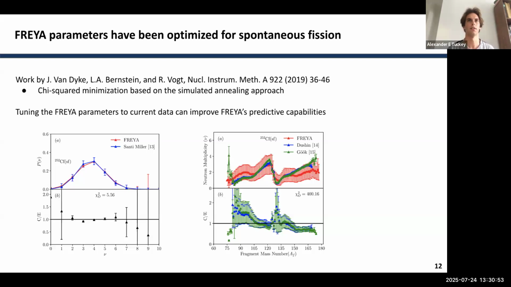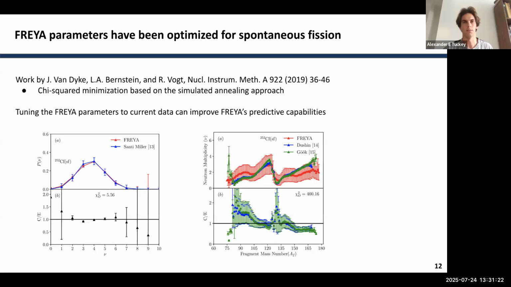And so this was done in a work by Jackson Van Dyke, Lee Bernstein, and Ramona Vogt back in 2019 for the spontaneously fissioning nuclei in Freya. This chi-squared minimization that I have on the slide just refers to the fact that we are choosing the Freya parameter set that best reproduces data we feed into the optimization.